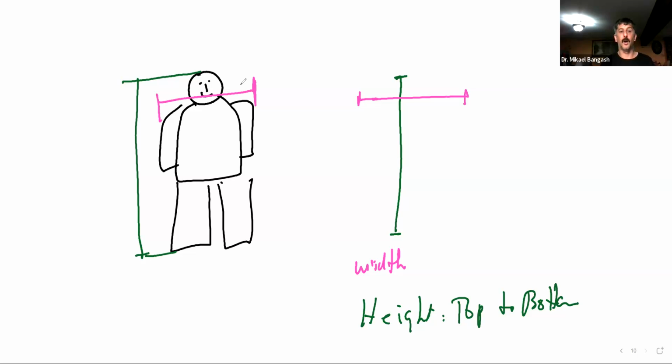Or you can go further down and ask, what's going to be the width around his hips, for instance, at any point. But we can say that the side to side dimension is going to be the width.